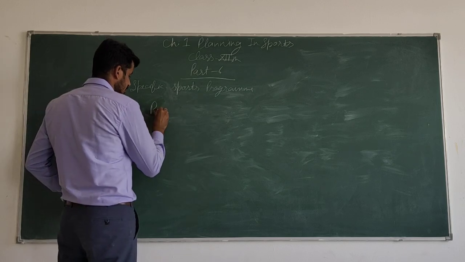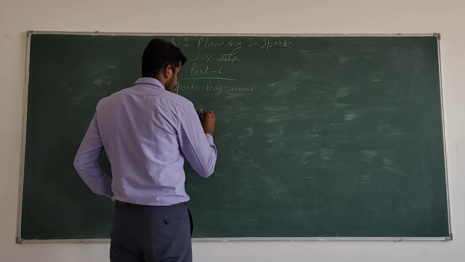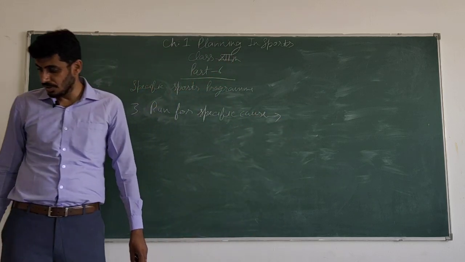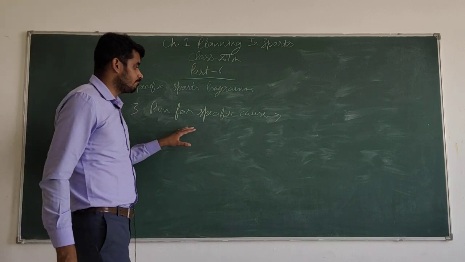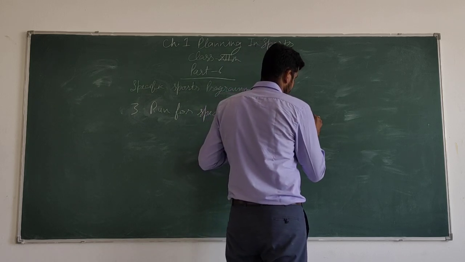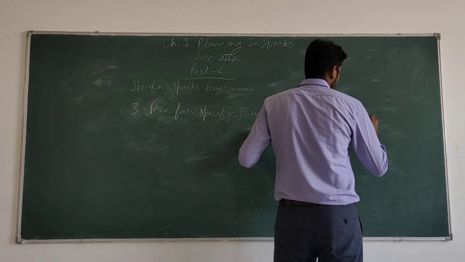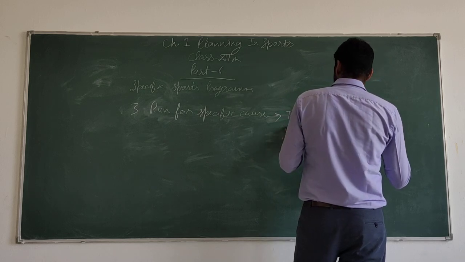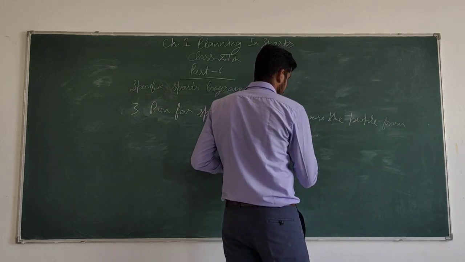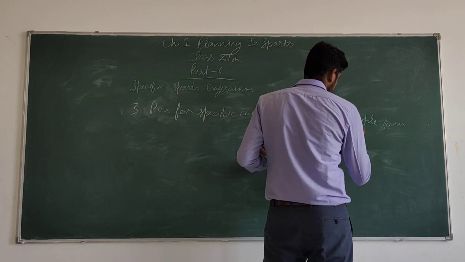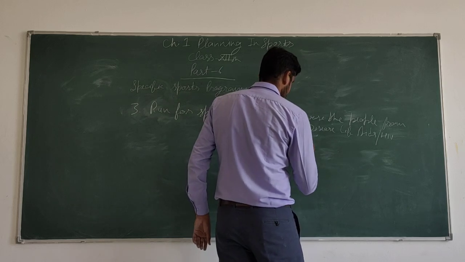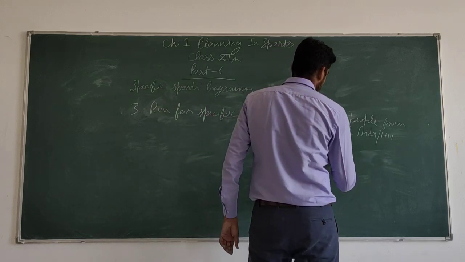Third one, run for a specific cause. Specific cause, here we can say to make people aware of any disease like AIDS, yeah, we can say HIV, cancer, or nowadays COVID-19.